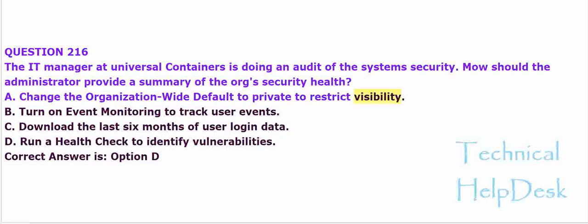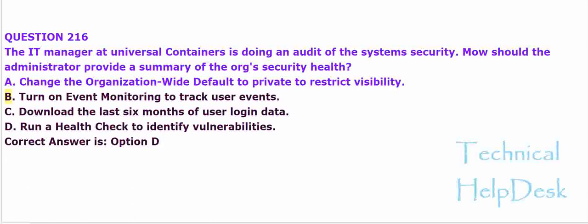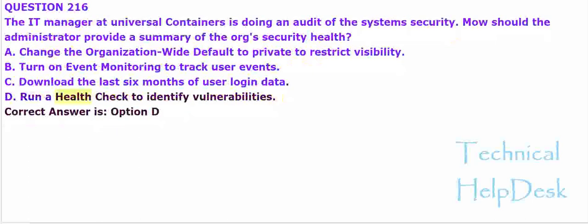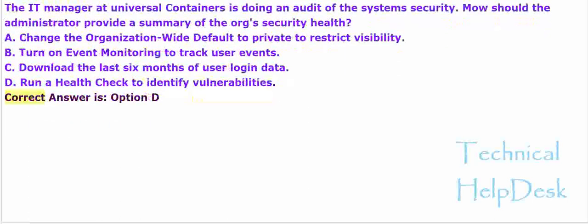B. Turn on event monitoring to track user events. C. Download the last 6 months of user login data. D. Run a health check to identify vulnerabilities. Correct answer is option D.